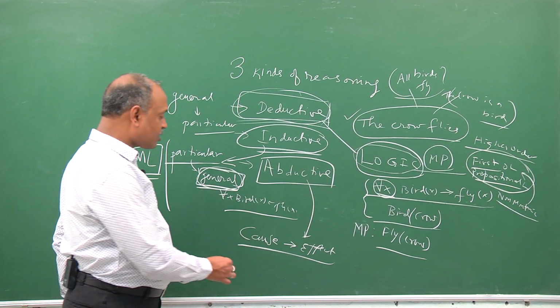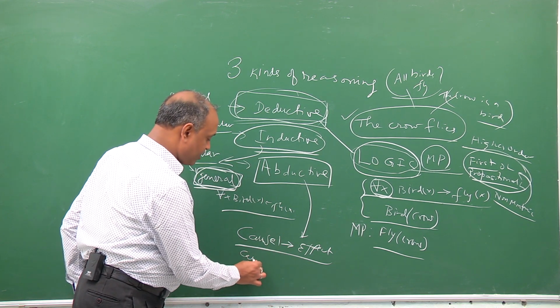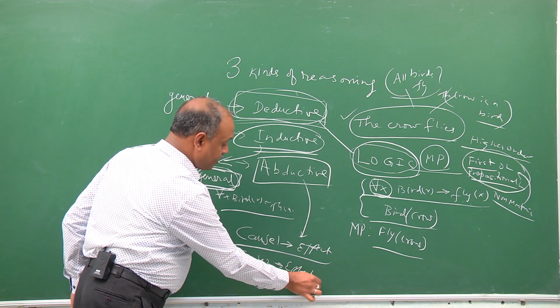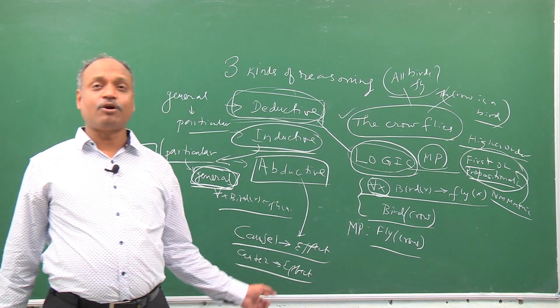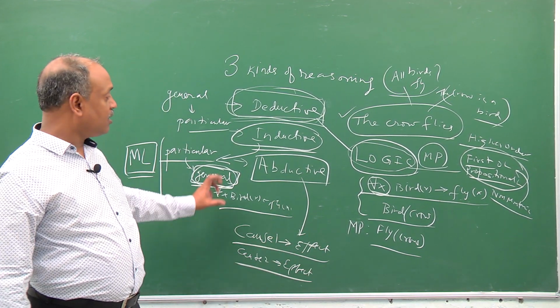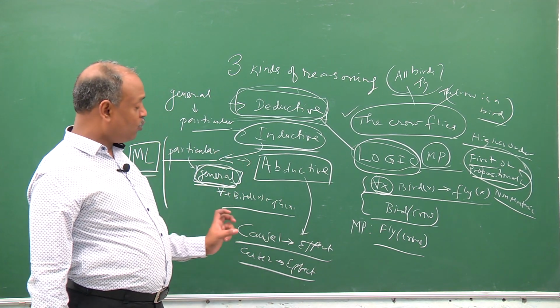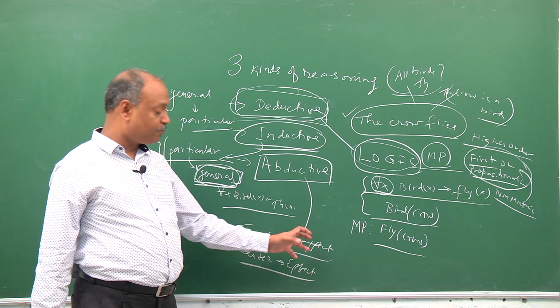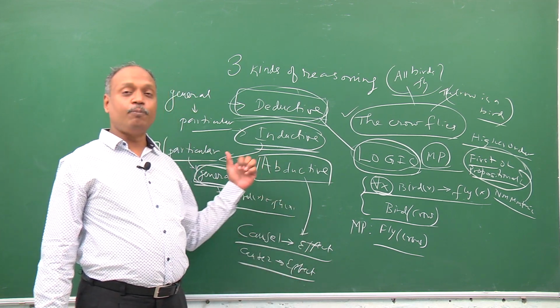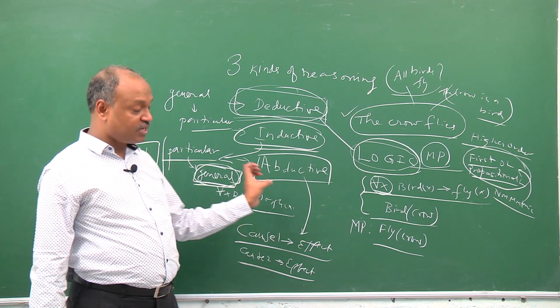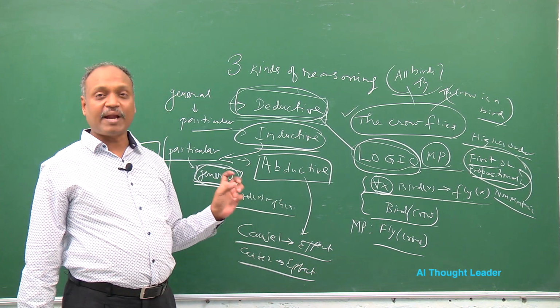If there are several causes for a particular effect, then diagnosing which is the most likely cause for that effect is called abductive reasoning. It plays a very important role in areas like healthcare, where you observe symptoms, and the effect could be due to many causes. So identifying the most likely cause given the effect becomes abductive reasoning.